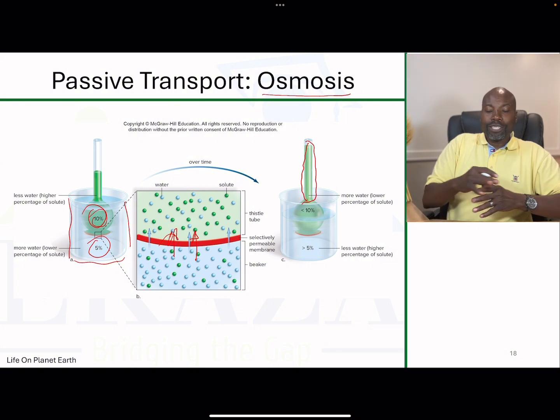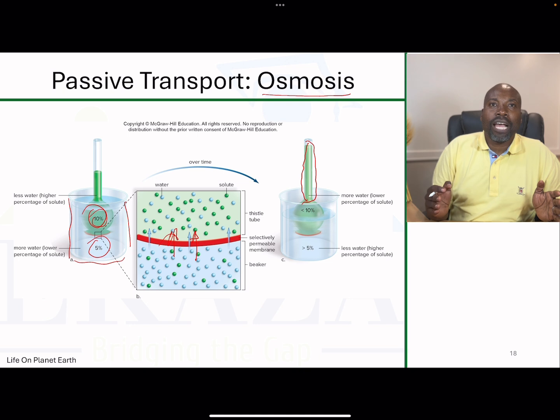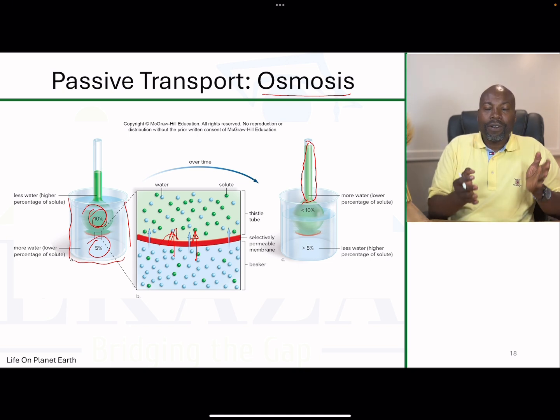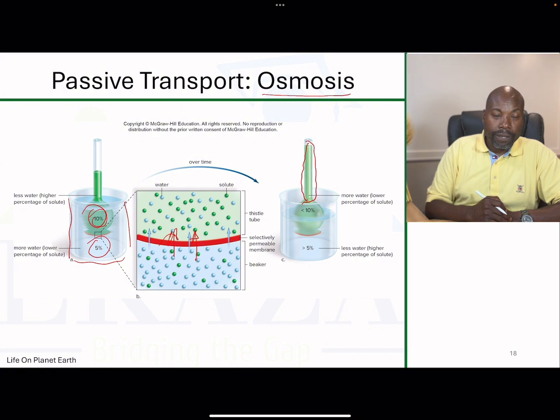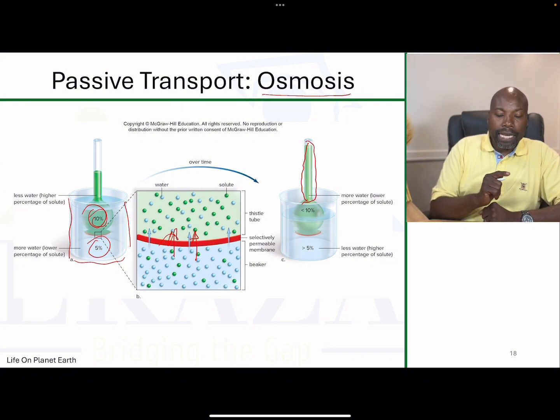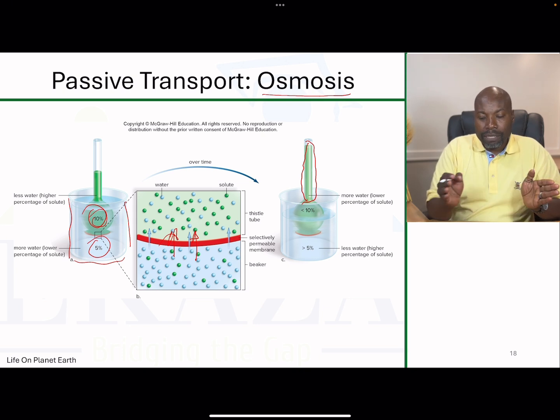And eventually the movement of water molecules is going to stop when we have an equilibrium in the concentration of the solute, okay? So again, osmosis is the diffusion of water molecules across the plasma membrane.